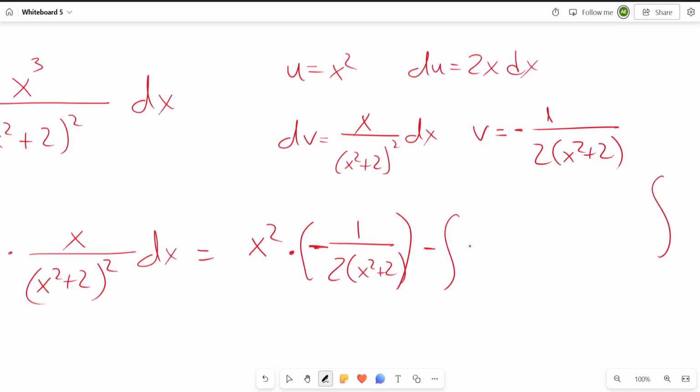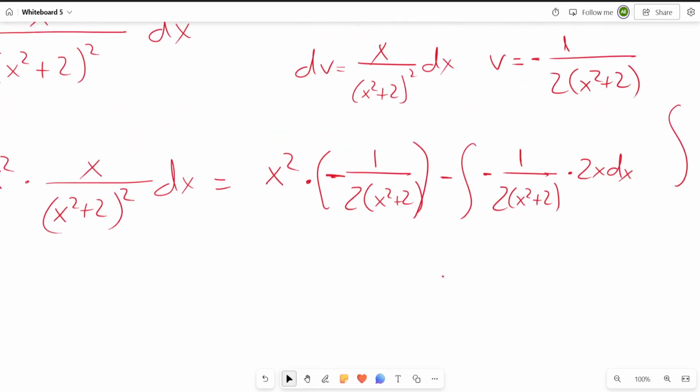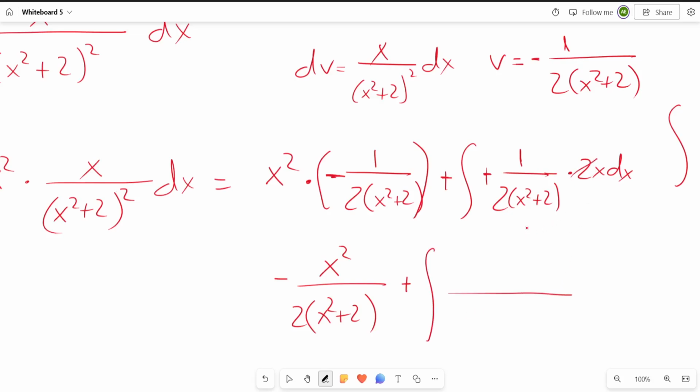So v is negative 1 over 2 times x squared plus 2 multiplying du, which is basically 2x dx. Let's try and simplify a little bit over here. So this is going to be negative x squared over 2 times x squared plus 2 minus, okay, this minus and this minus are going to be pluses, so it's going to be plus the integration of this 2, which is going to cancel with this 2.